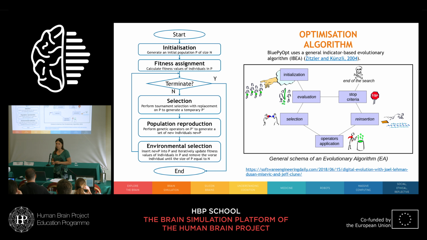This population reproduces using genetic operators, and a new set of individuals is generated. Then, using environmental selection, the new individuals are inserted in the population, and the fitness values of the individuals are iteratively updated. At the end, the worst individuals are removed until reaching back the original size of the population. And this goes on iteratively.